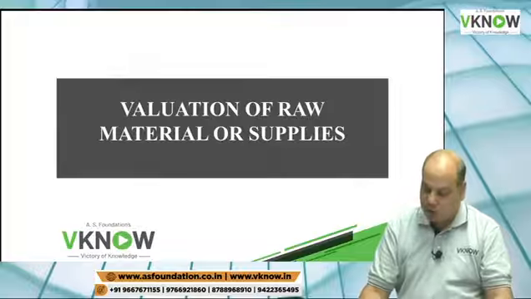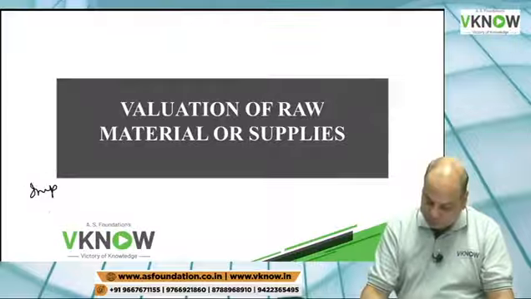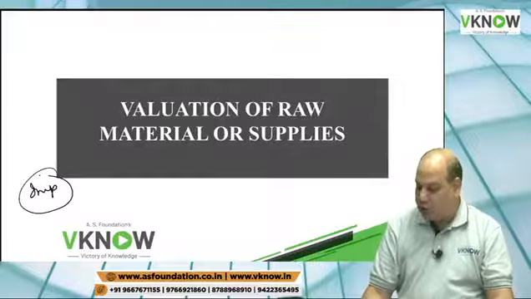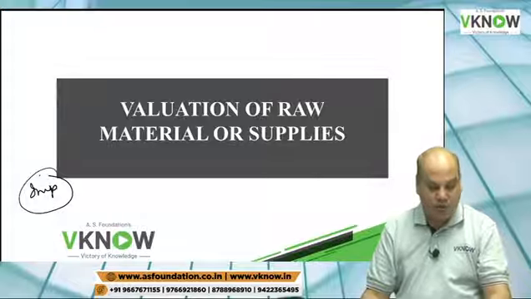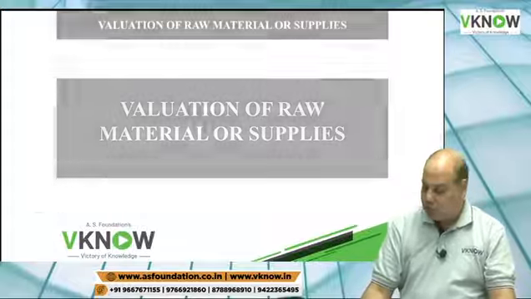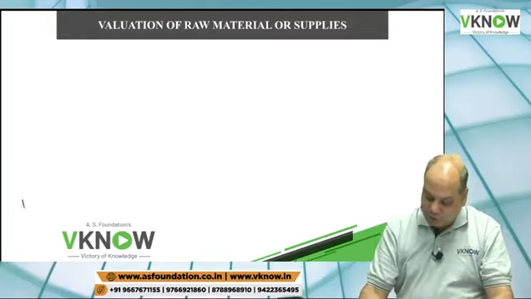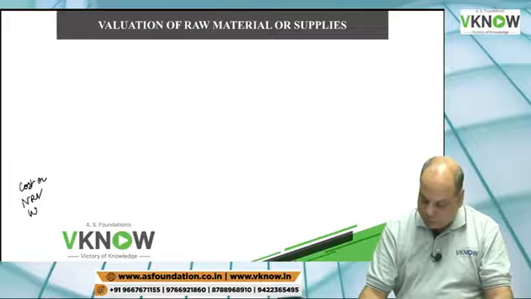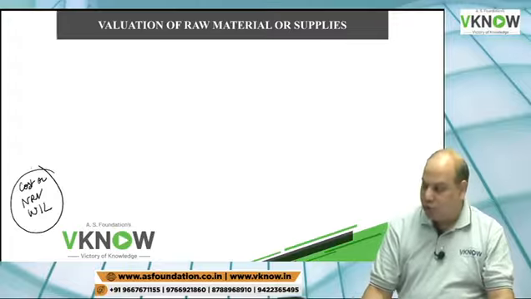Now the next important topic is valuation of raw material or supplies. What is the golden rule of this chapter? The golden rule is cost or NRV, whichever is lower.